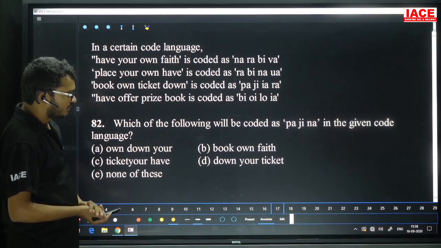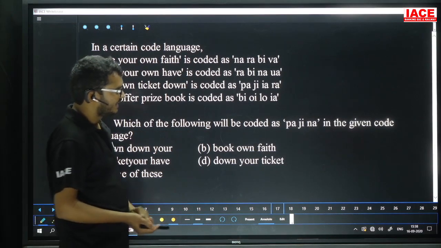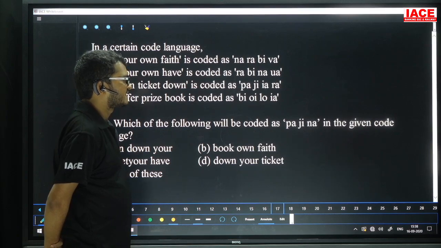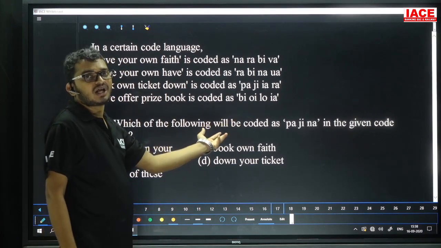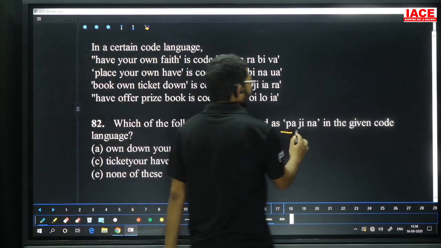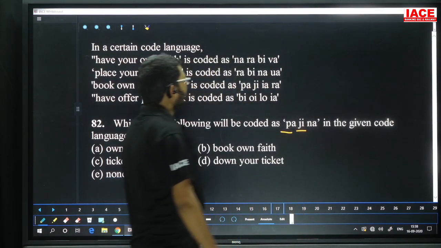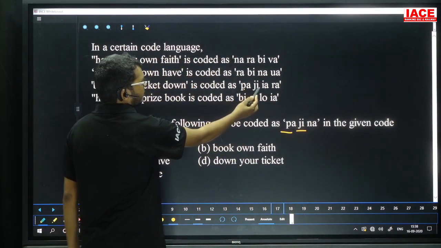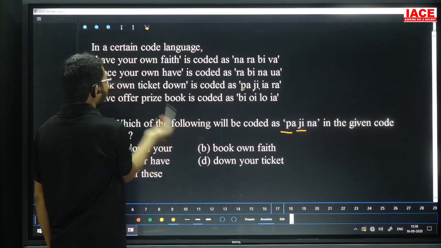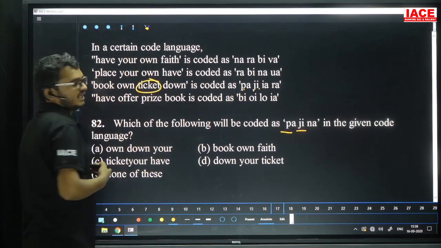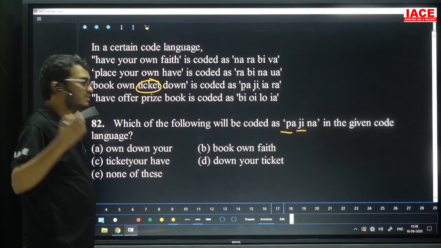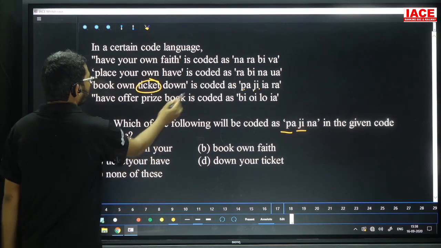Question number 82. Which of the following will be coded as PAJNA in the given code language? Now we know the PAJI code already. Friends, here PA. Next one is what? Here J. PAJ is present in only this line. That means the only information here is what? One is ticket. Ticket code is already completed. PRJ. Next, other one is what? Book, common, eliminate.